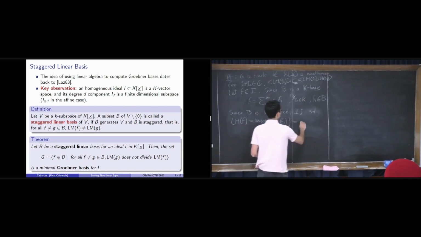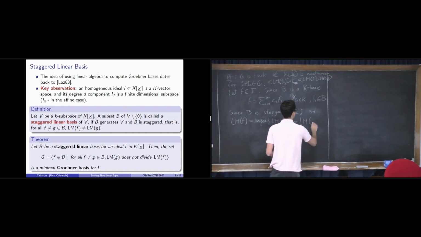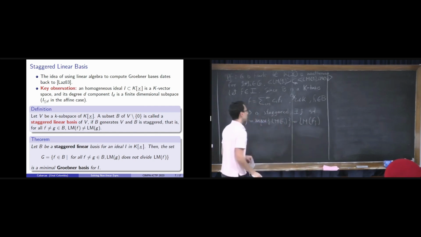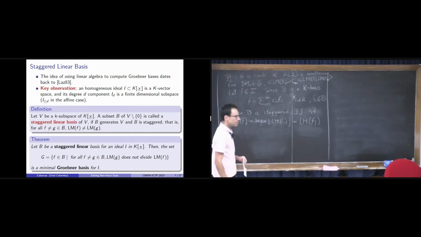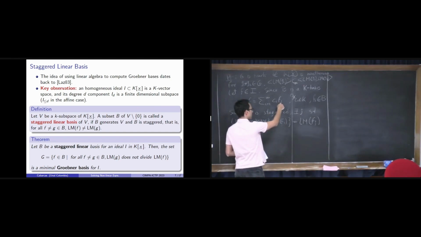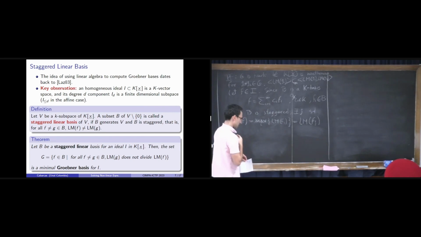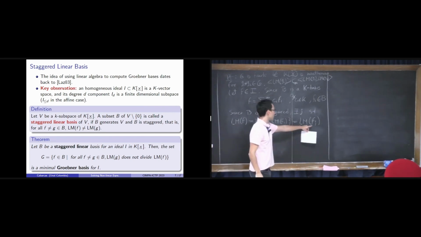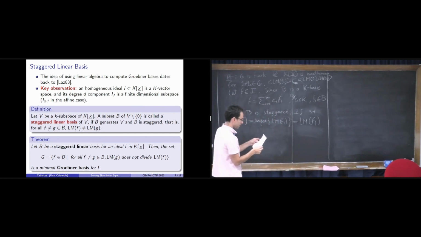And this is precisely the leading monomial of one of them. Right? All of the leading monomials are different. The max has to coincide with the leading monomial of f, and it's the leading monomial of some fj.